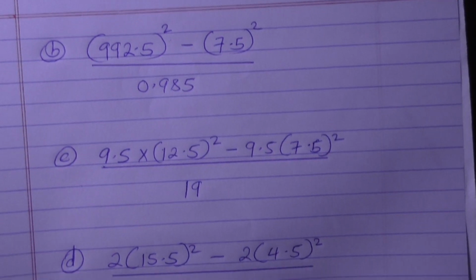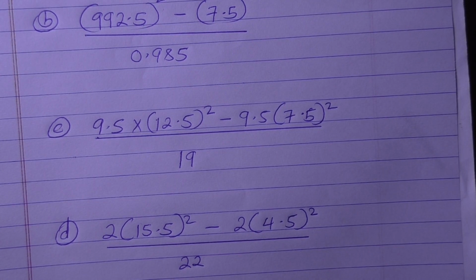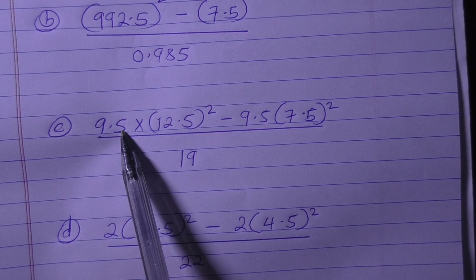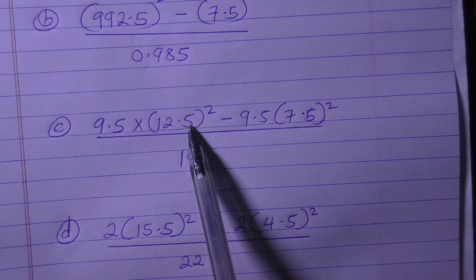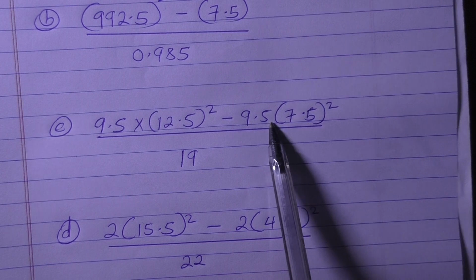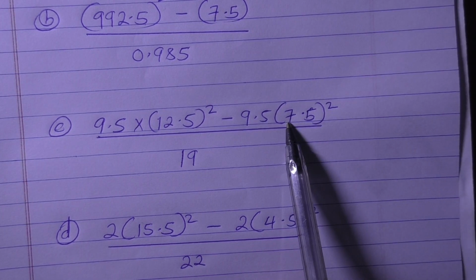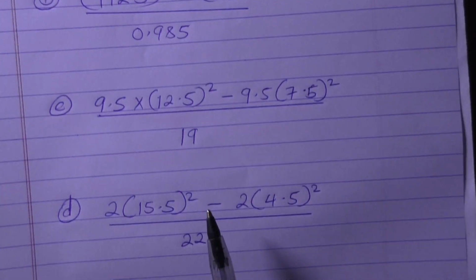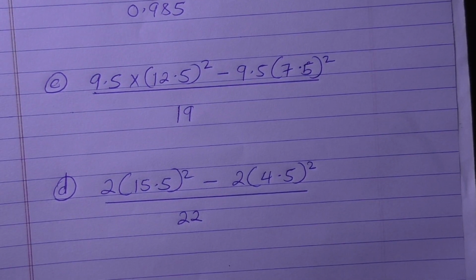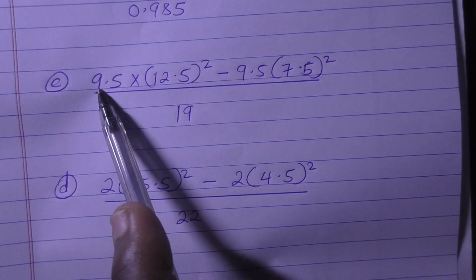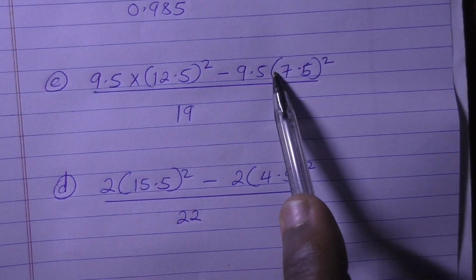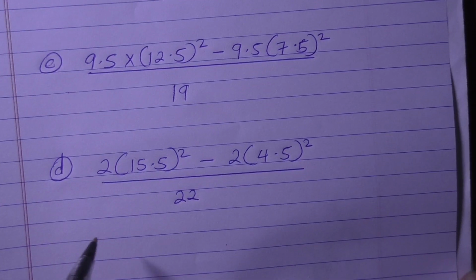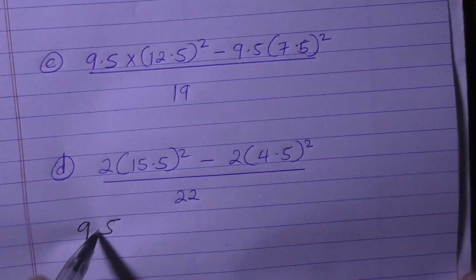We come to part C. Part C says 9.5 times 12.5 squared minus 9.5 times 7.5 squared over 19. So this one is a bit different because it has the other terms. So what we can do with this, let us first write it down.